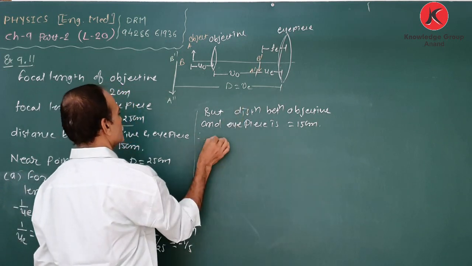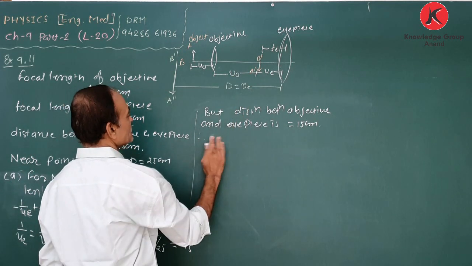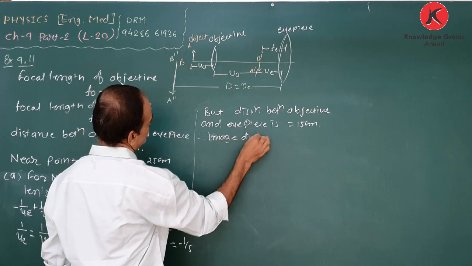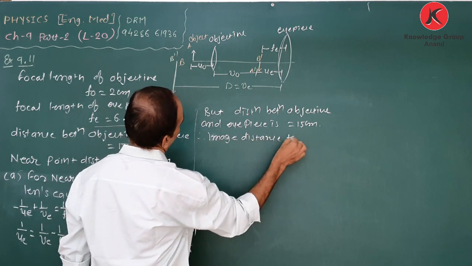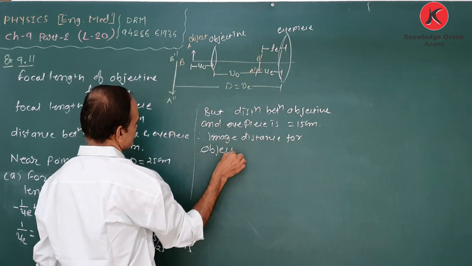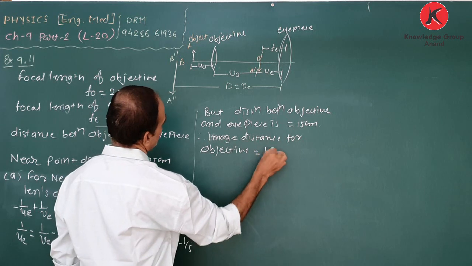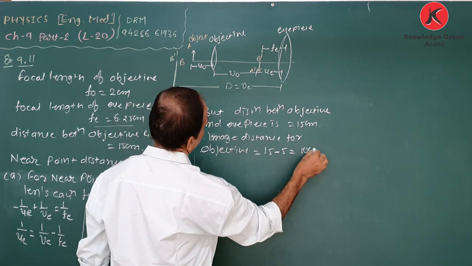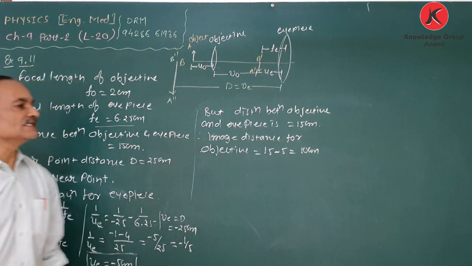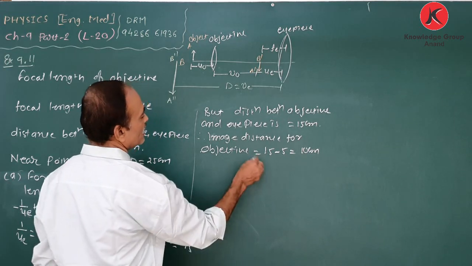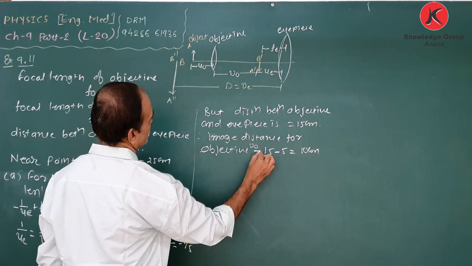Therefore, the image distance for the objective is equal to 15 minus 5, that means 10 centimeter. Here 10 centimeter is our V0.